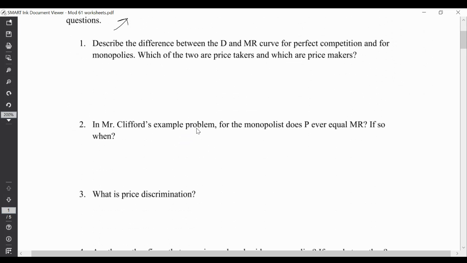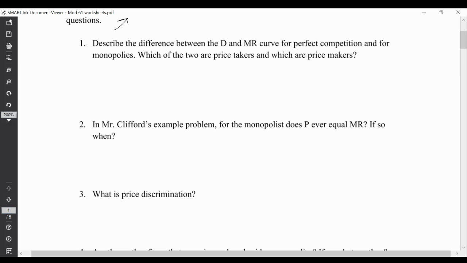It says first, describe the difference between the demand and marginal revenue curve for perfect competition and for monopolies. Which of the two are price takers and which are price makers?